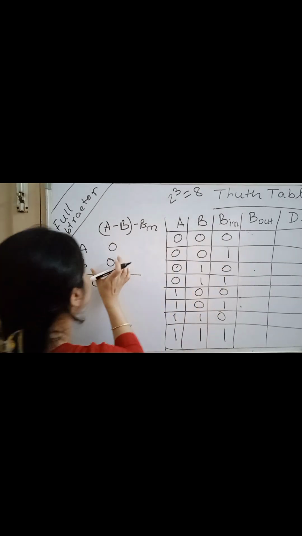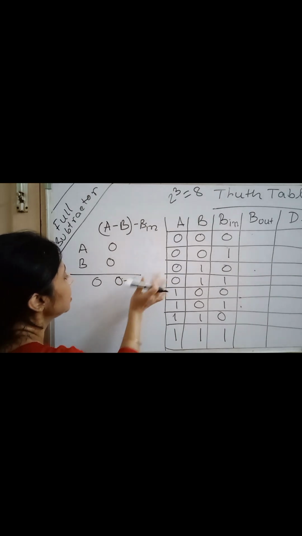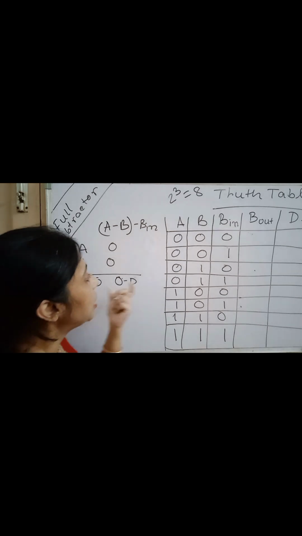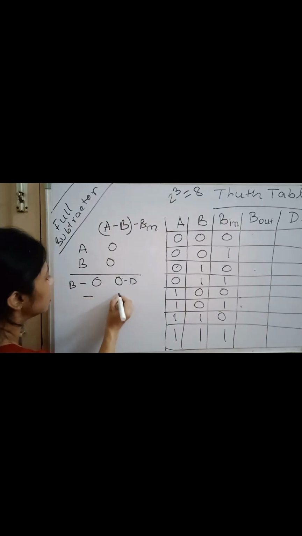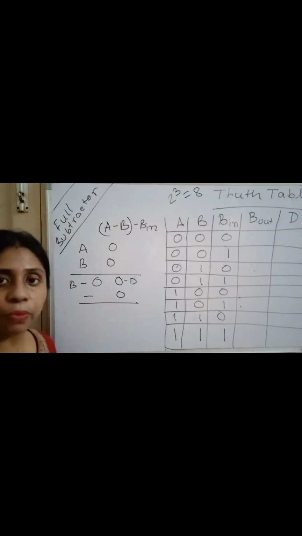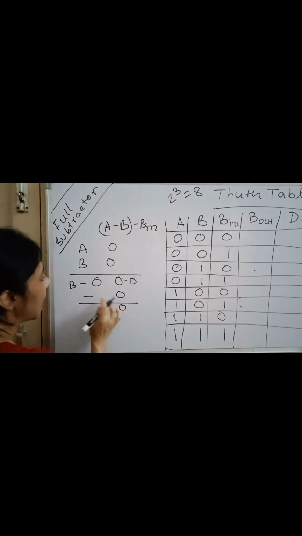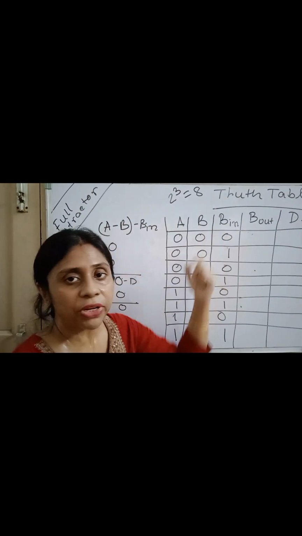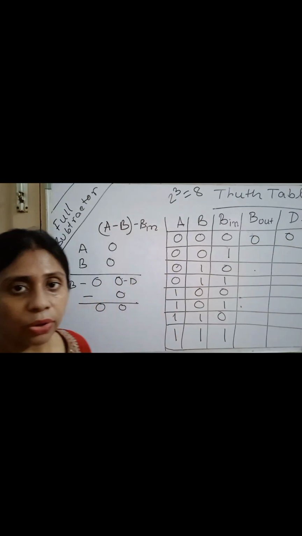Now from this we need to subtract B in, minus B in. So minus 0, B in is 0. So what will be our output? The output is 0 minus 0, 0, and so difference is 0, borrow is also 0. So D and B out for this particular input combination are 0, 0. Okay.